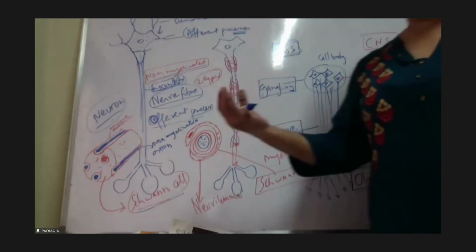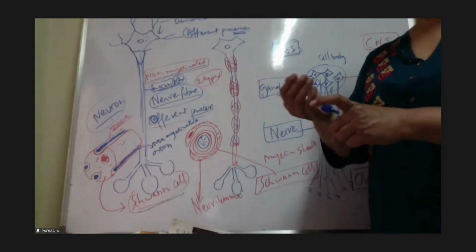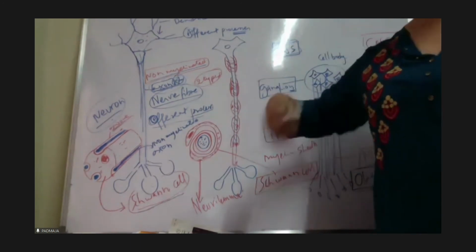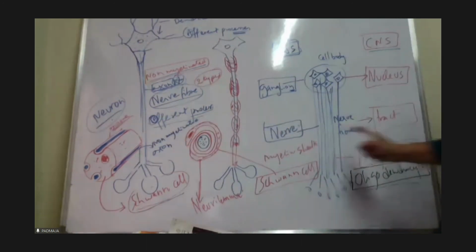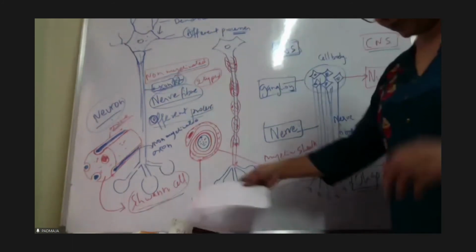They provide grooves in which these non-myelinated neurons are lodged, but there is no wrapping of myelin sheath. Clear? Everything is on the board. I think we can move to the next step.